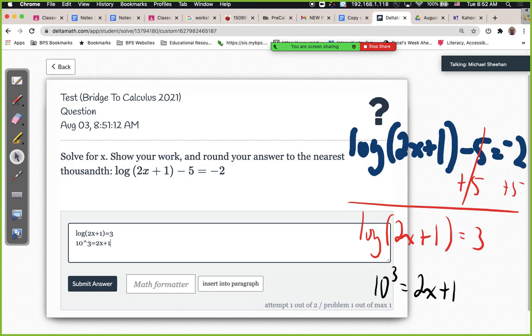Now, you can leave it as 10 to the third minus 1, or 999, right? 10 to the third is 1,000. 1,000 minus 1 is 999. And now we're going to divide both sides by 2. And we're going to get x equals 499.5.